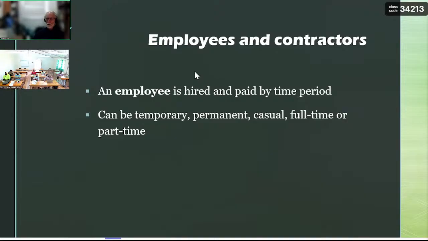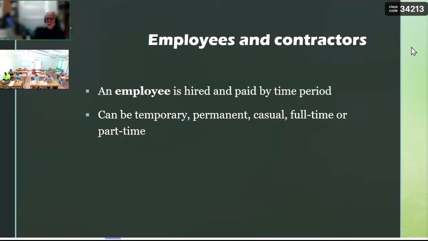It depends how permanent you need them, how much responsibility you give them. If they're a well-qualified person, if you're taking them on as a full-time farm manager to grow the business, they can expect some leave and super and that sort of thing, and maybe even bonuses or overtime, depending on you. So that's how employees work.